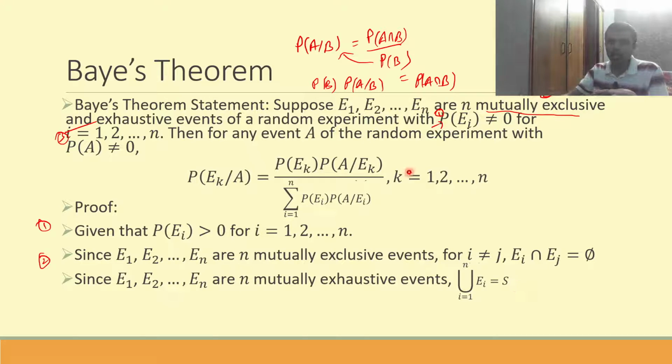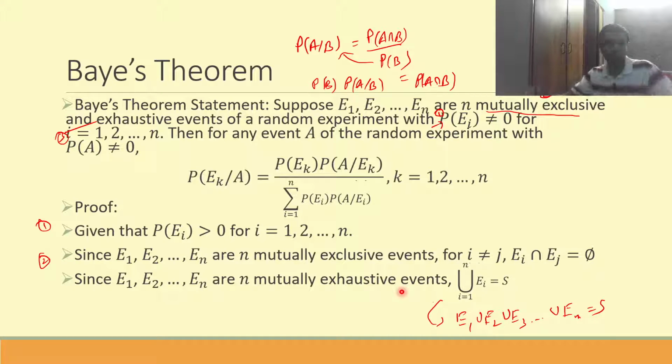Exhaustive events means union i runs from 1 to n Ei is nothing but S. This means E1 union E2 union E3 and so on union En is nothing but S. Union of all the events is S. This is what exhaustive events refers to.